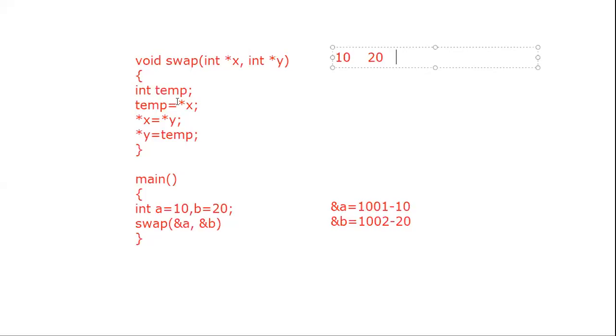In this case, both values are interchanged, meaning the operation is performed directly on the addresses. So this is the concept of call by pointer. I will show you a demonstration of how it works.